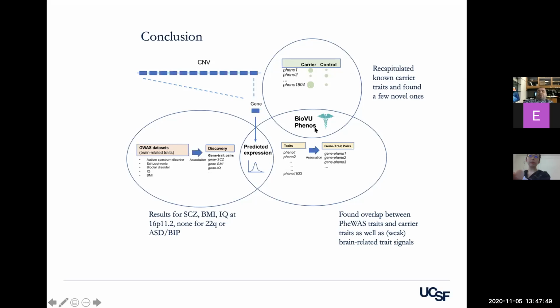And then we integrated both the biobank and the predicted expression by taking basically the 1,500 phenotypes and performing association studies between the various phenotypes and the genes in the CNV to find overlap between PWAS and carrier traits, as well as brain-related trait signals. Actually, not weak ones, I think. When I first made the slide, they were weak. No, actually, now we have some very strong brain-related trait signals.